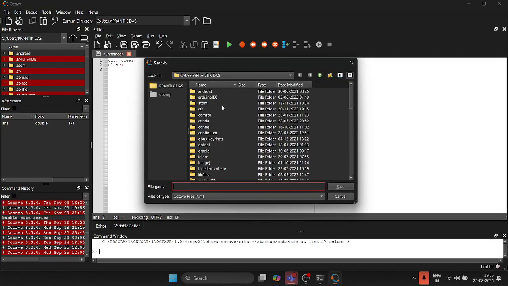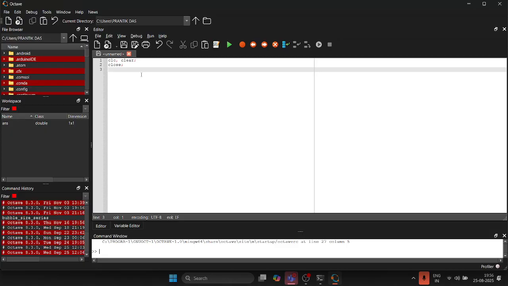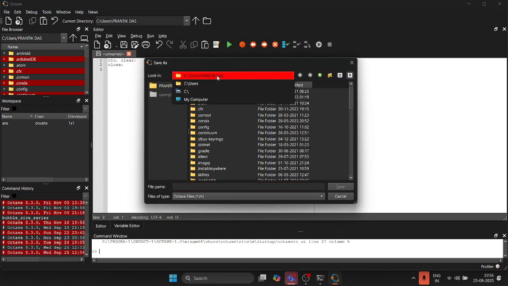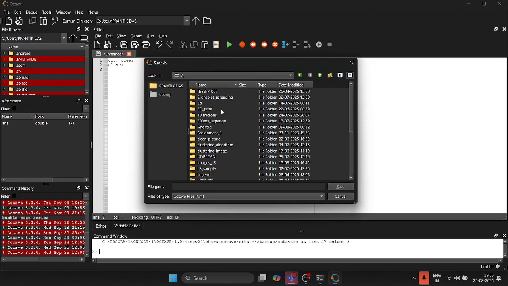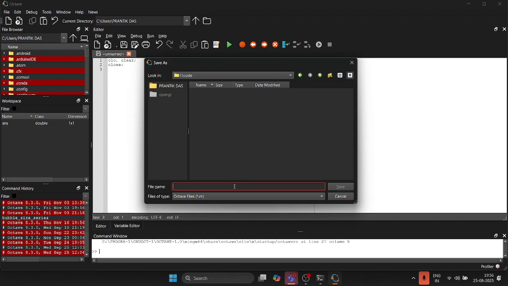Let me save this script by pressing Control S. Then I go to my computer, then Ubuntu, and save it in the code folder as 1D heat conduction plus source.